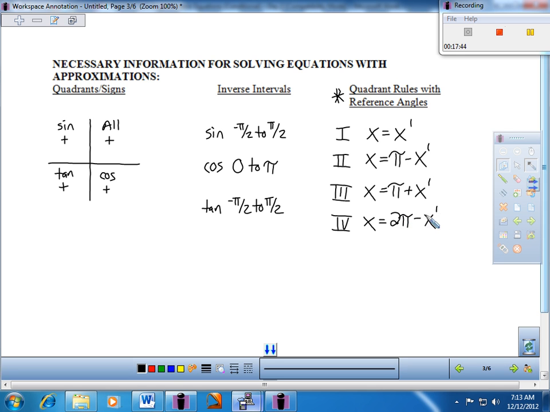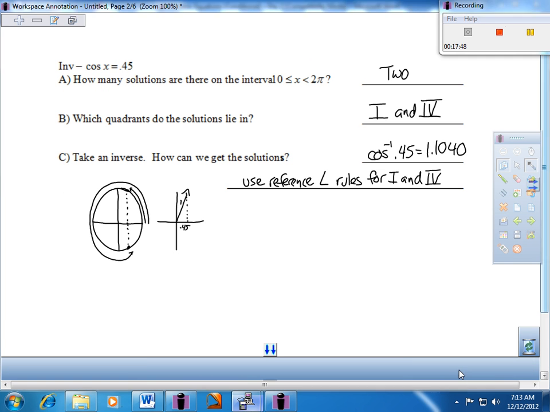And that would have given me the other one. I'm sorry, I'm going to go back to the board for just a second. See that answer, that 1.1040? If I do 2 pi minus that number, guess what? That puts me right here, because the reference angle is right here, and so as a result, there it is. Okay, so that's what we're going to be doing.